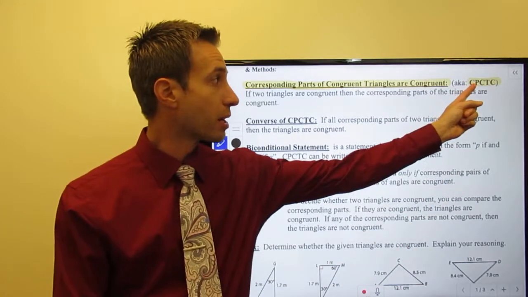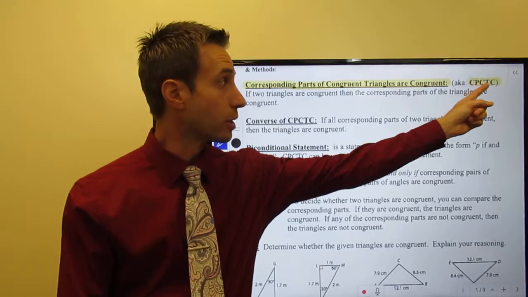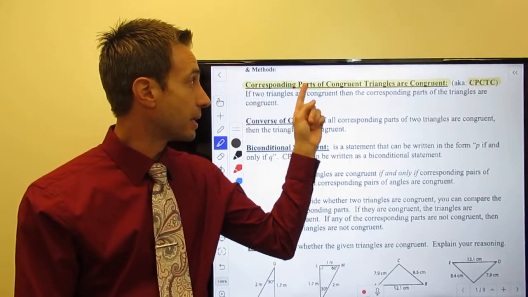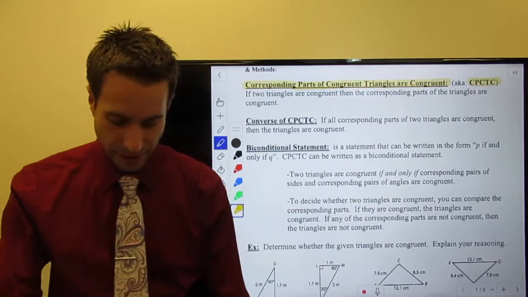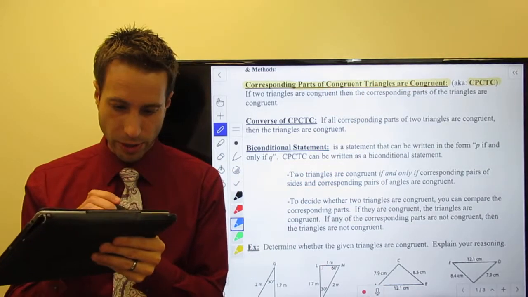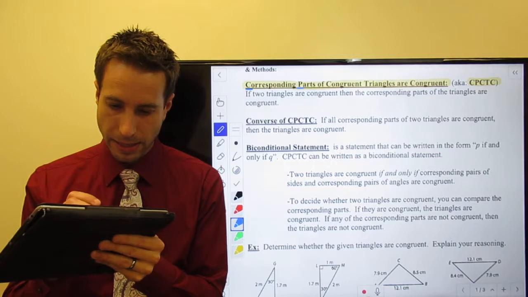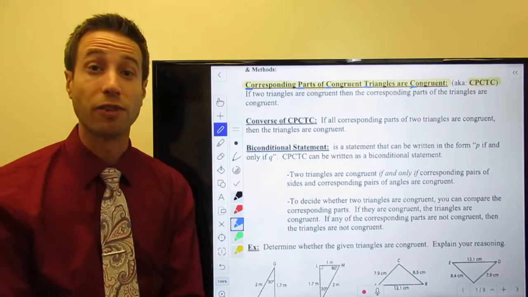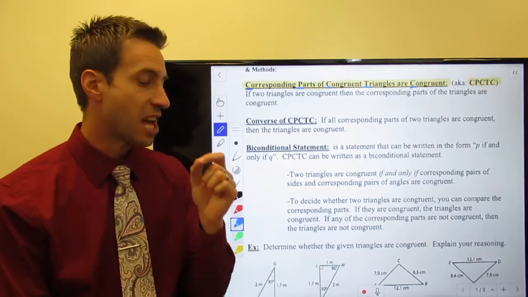In fact, let me underline those letters so you see where they're coming from. CPCTC: corresponding parts of congruent triangles are congruent.